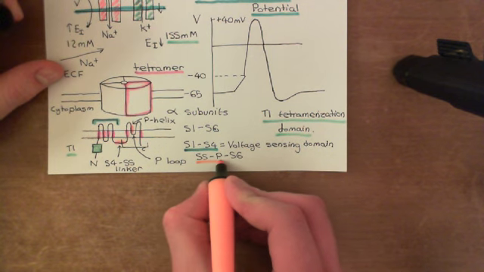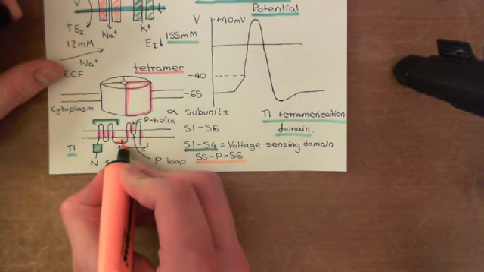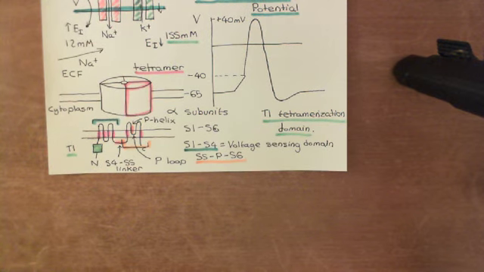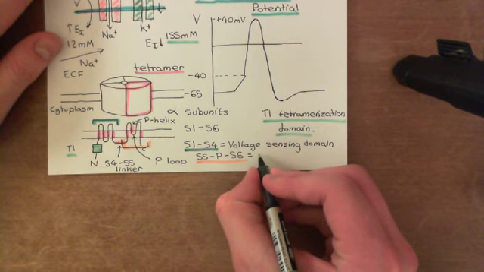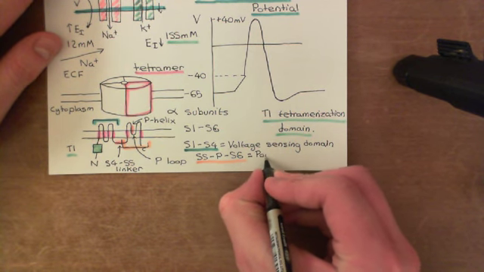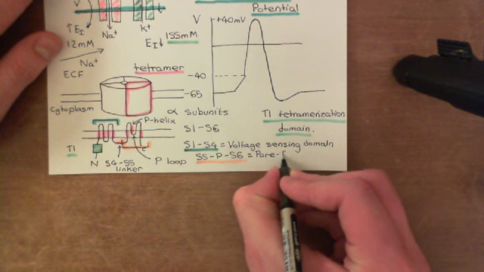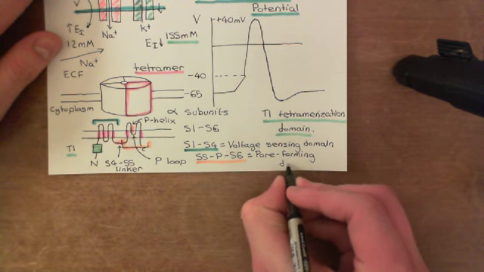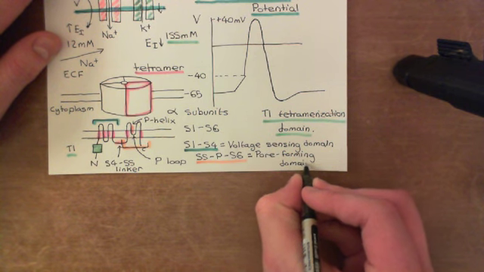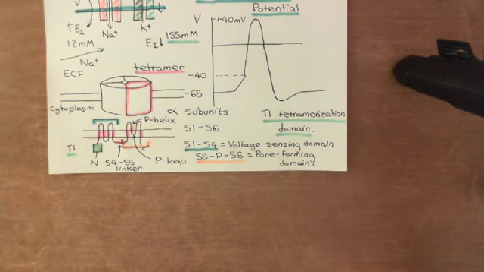Then we've also got the other section, which is S5, then the P loop, and then S6. This portion actually forms the pore, so it's known as the pore forming domain. As we'll see, this is the portion that actually lines the pore of the voltage-gated potassium channel.